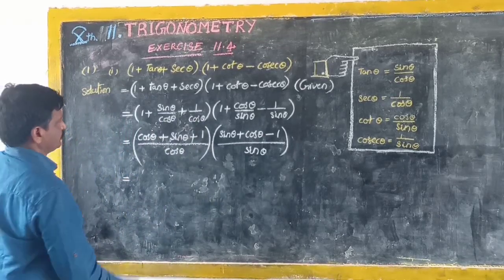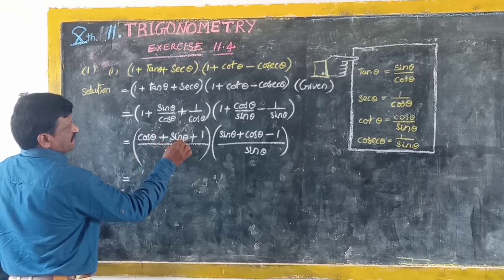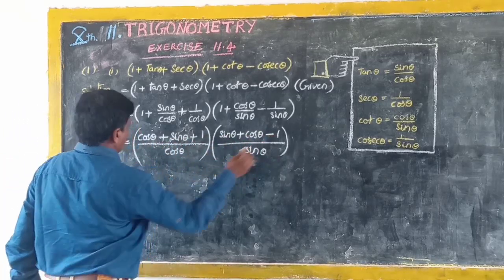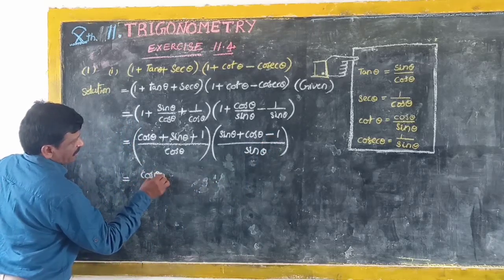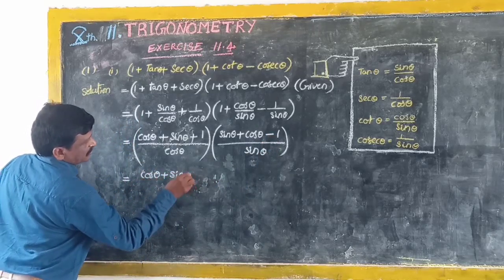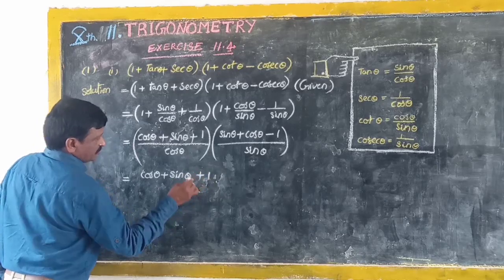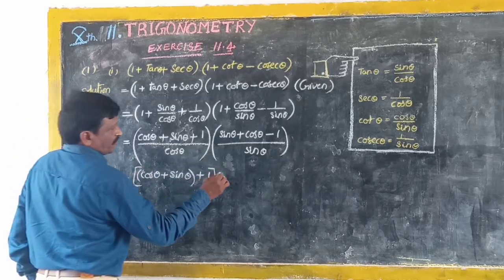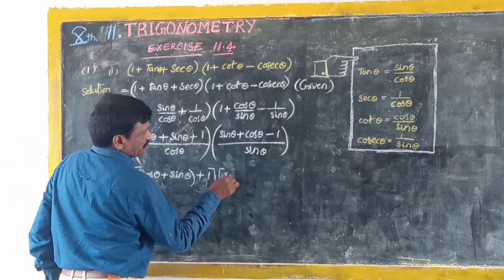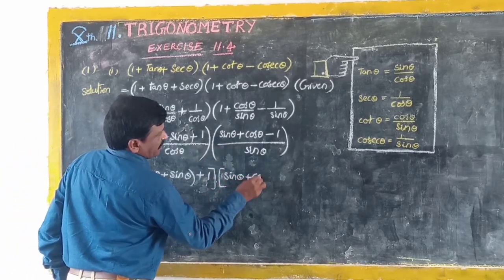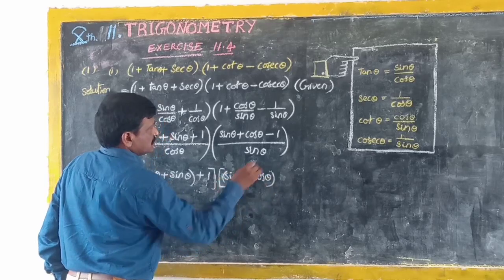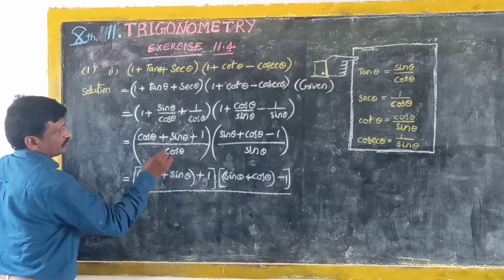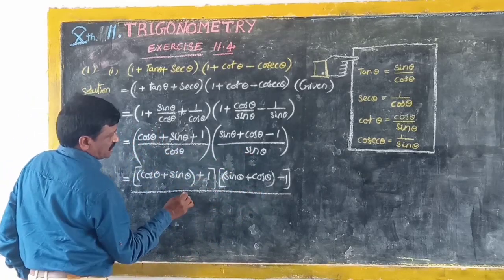So cos theta plus sin theta plus 1, sin theta plus cos theta minus 1, over cos theta into sin theta. Cos theta plus sin theta plus 1, same, sin theta plus cos theta minus 1, over cos theta sin theta.